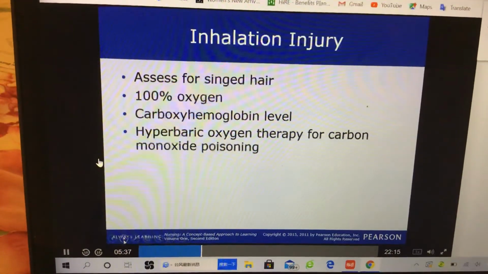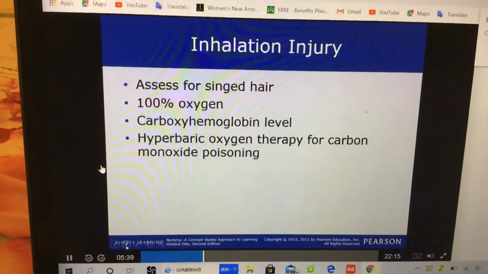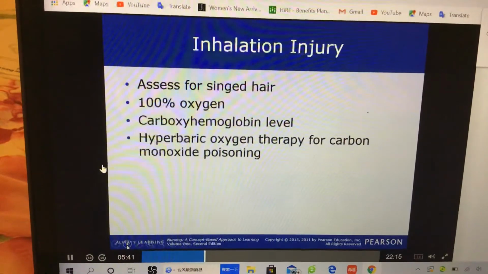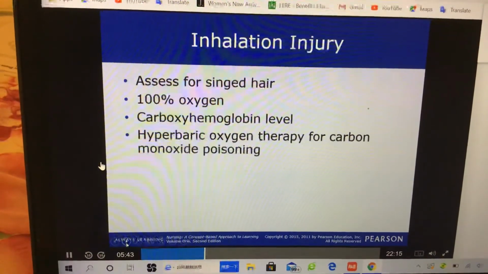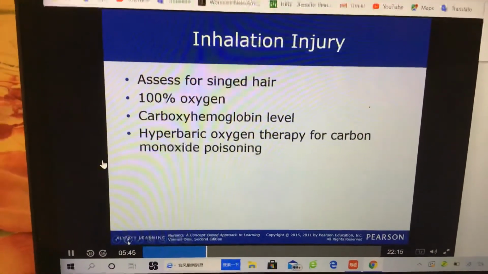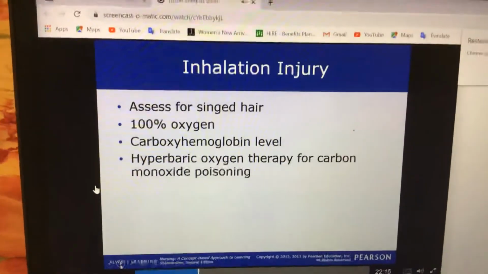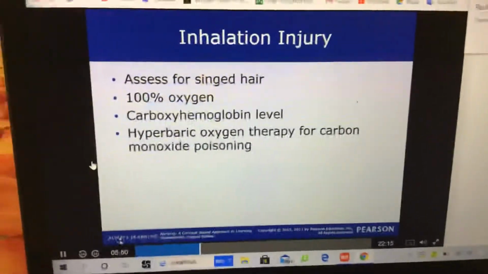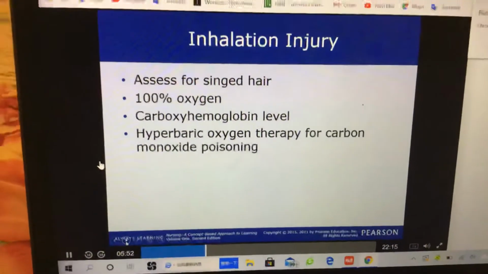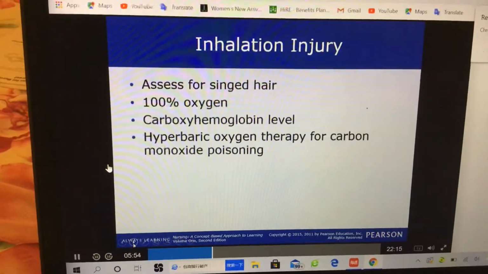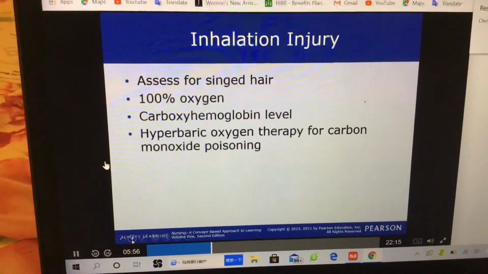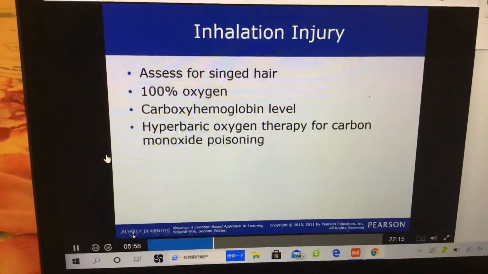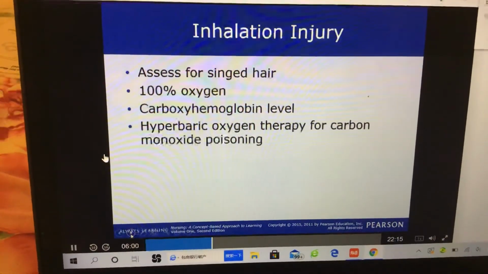Patients with an inhalation injury should have a carboxyhemoglobin level drawn. The normal carboxyhemoglobin level is usually 0 to 5%. A patient should be placed on 100% oxygen via a non-rebreather mask. Patients with elevated carboxyhemoglobin levels may need hyperbaric oxygen therapy.